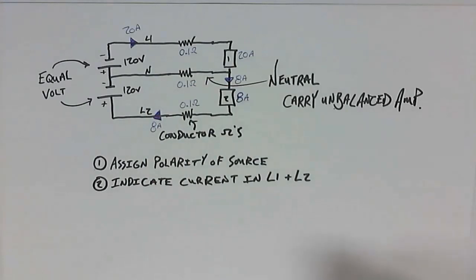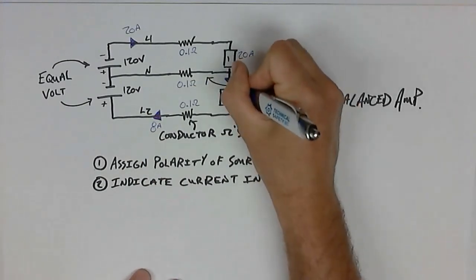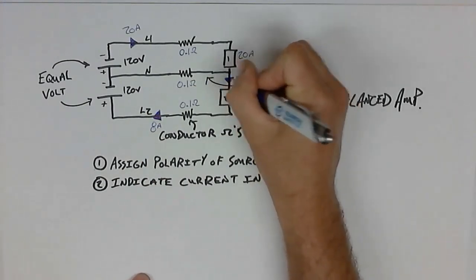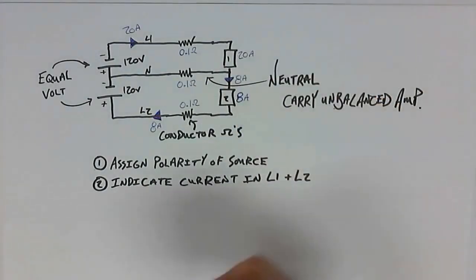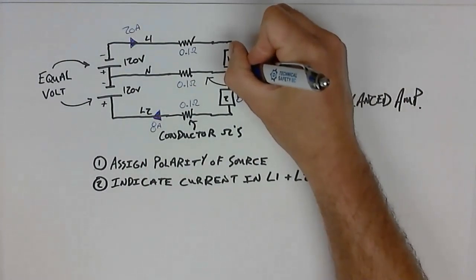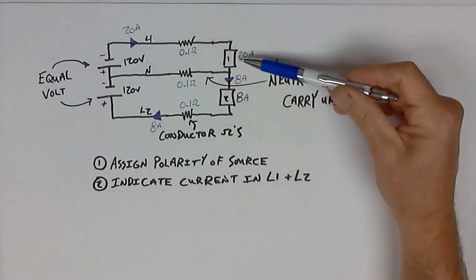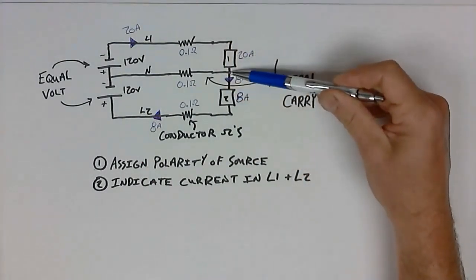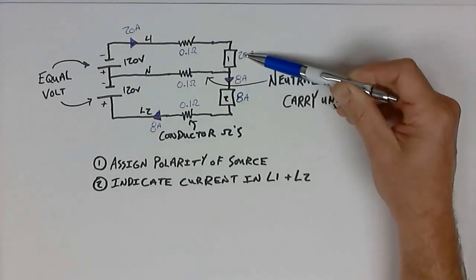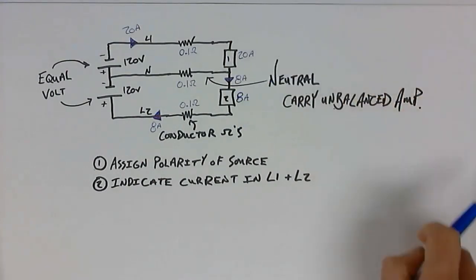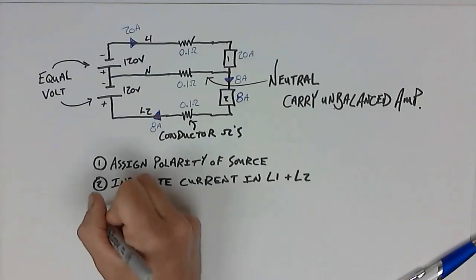Now, at this point, we can start to see where the current value is going to be on the neutral. Because of Kirchhoff's current law, whatever current enters this junction must also leave it. So 20 amps flows from my first load to this junction, and 8 leaves. That would mean the neutral current would be 20 minus 8. And that brings us to our third step.